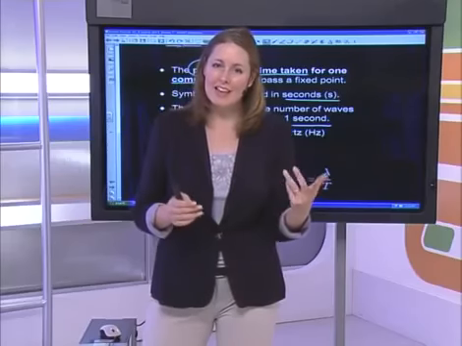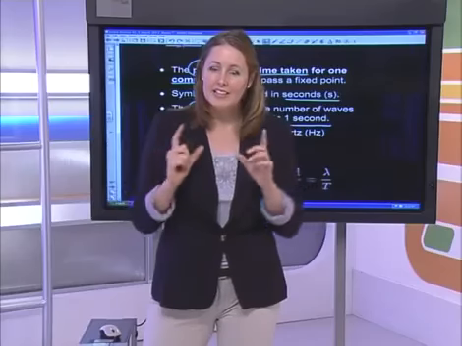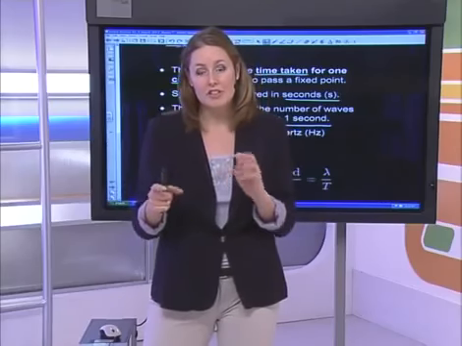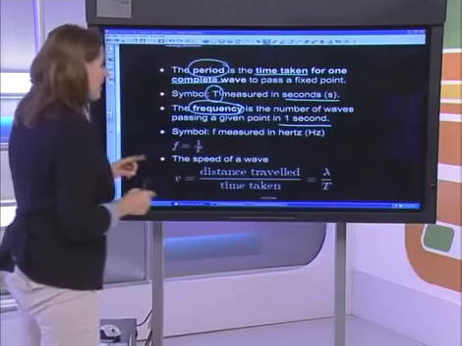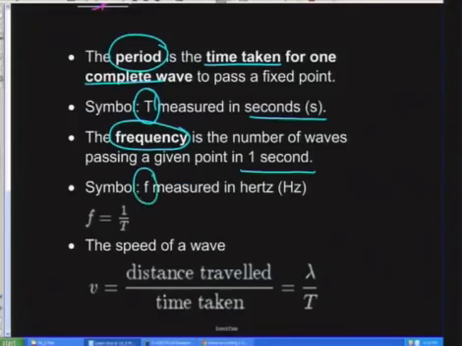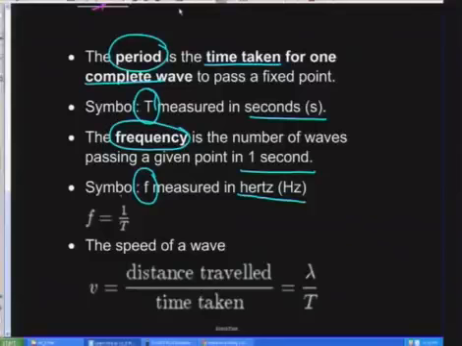The period says how long it takes for one wave to pass. Those two are key definitions that you need to make sure you work through. The symbol for frequency is just the little letter f. It is measured in hertz. And notice I said that these two are inverses of one another. I've got an equation here, I'm going to rewrite it.